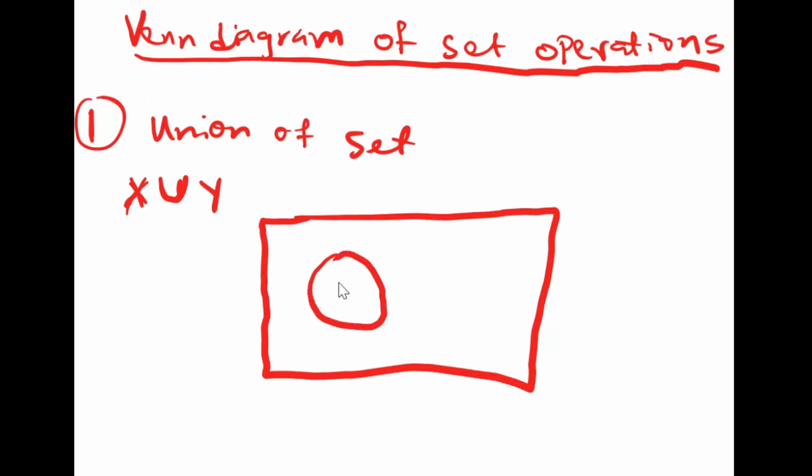If this is X and this is Y, then the shaded part now will be the X union Y.